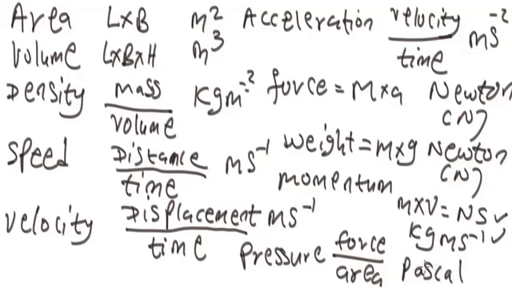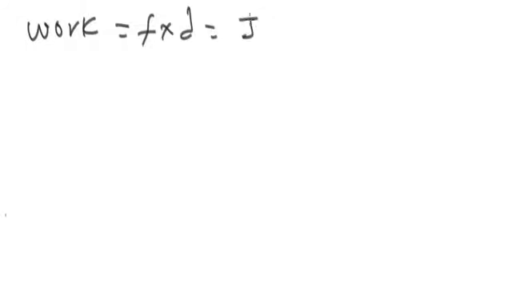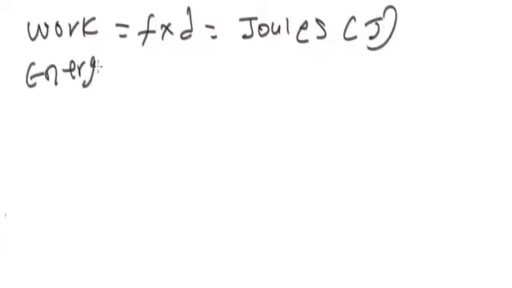Okay, so let's wipe this and look at a few more examples. Okay, so we also have work, which is calculated using force times distance, and its unit is joules. Short form is J. We also have energy. Alright, energy, there are various ways you can calculate energy.